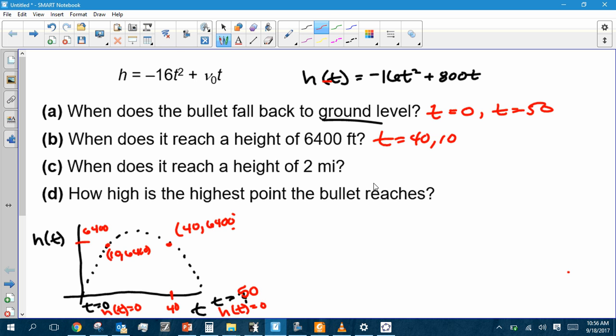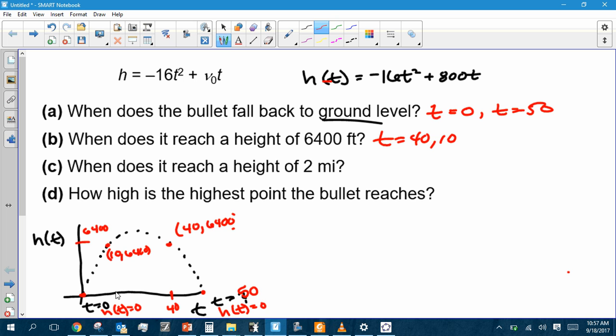So the highest point. In this case, and maybe early on these problems are a little bit easier doing it this way, we know parabolas are symmetric. There's a line of symmetry that goes through the vertex, which is the highest point here.